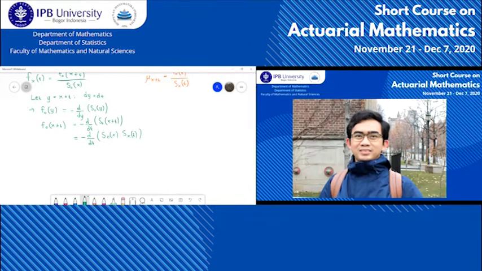Because there is no t term here, S sub 0 of x we can take out, so negative S sub 0 of x times the negative of the derivative of S sub x of t with respect to t.